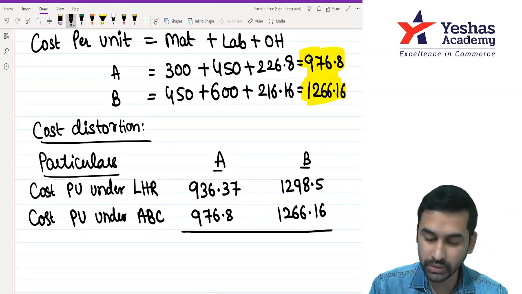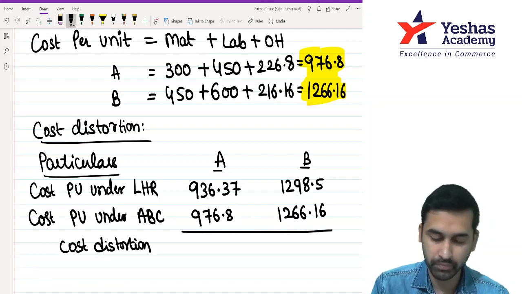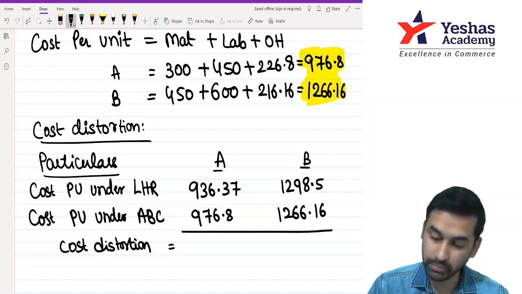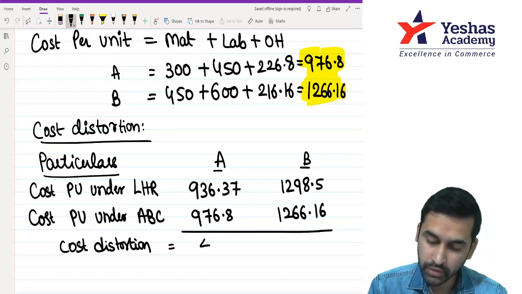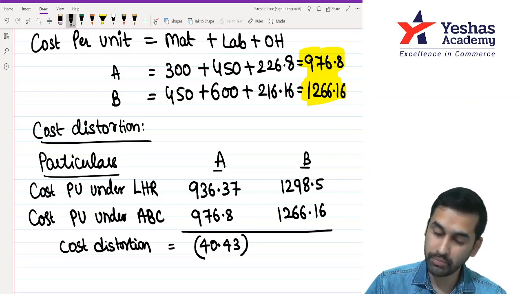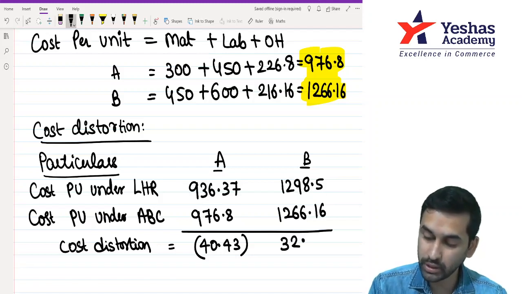Now the difference between these two will be the cost distortion. So 936.37 minus 976.8 will be 40.43 negative. 1,298.5 minus 1,266.16 will be positive 32.34.